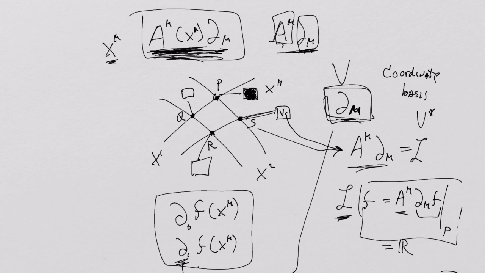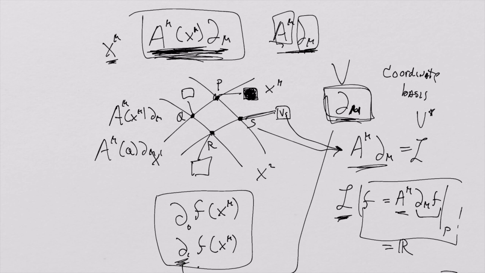But what's nice is that once the component is a function of the coordinates, I can then talk about, well, what about Q? Well, Q also has an x mu, del mu, like that, right? But in this case, x mu is evaluated at Q. In fact, I could write A mu at Q of del mu, right?